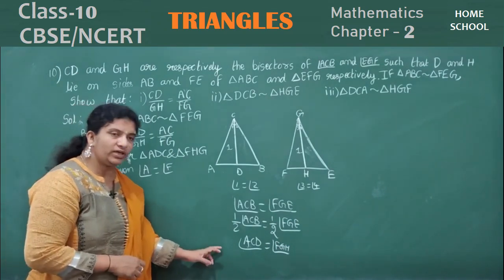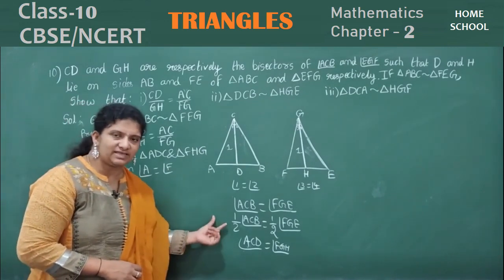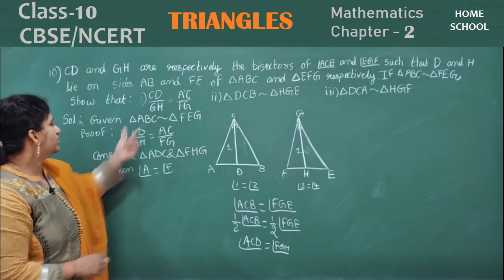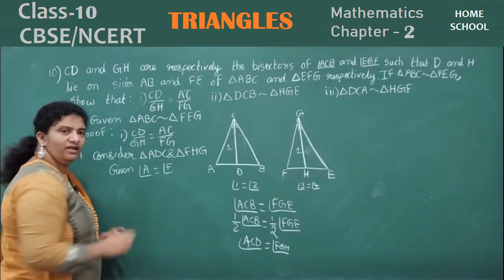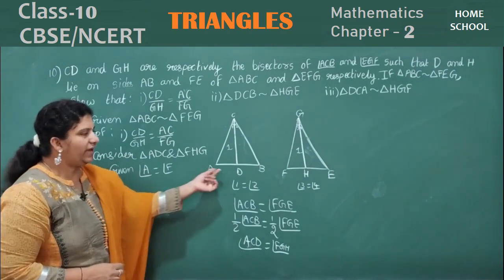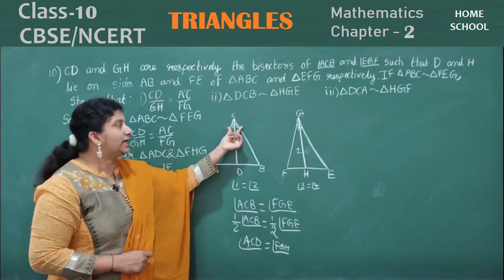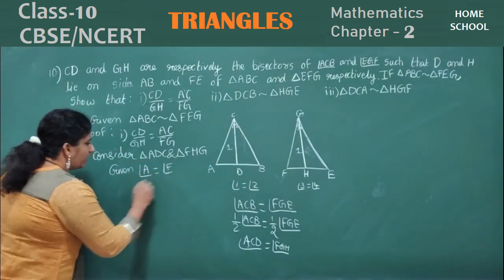What did I do here? In order to equate the corresponding angles. Why? The two triangles are already similar. So what is given? The two triangles are similar. Therefore the angles are equal. One pair directly I can write. Then for another pair, I don't want a complete angle. I need only half. So now what can you write here?